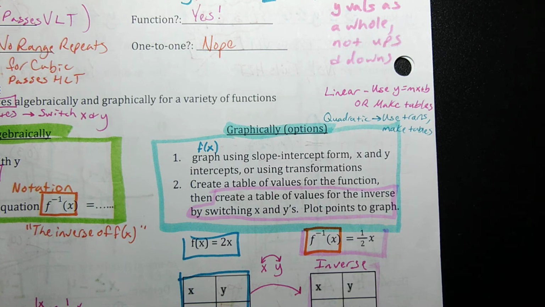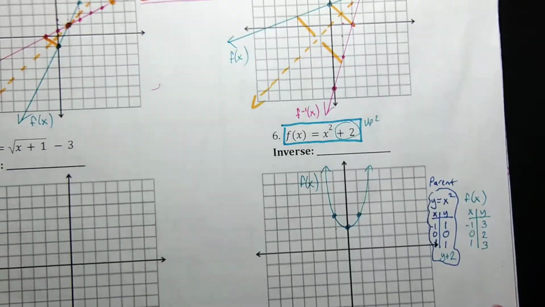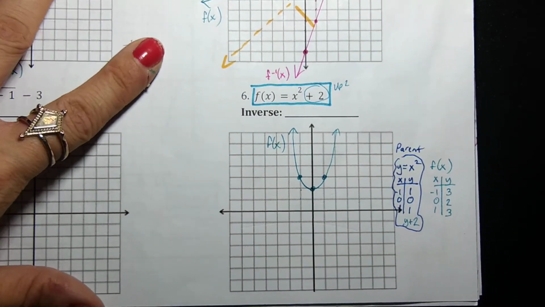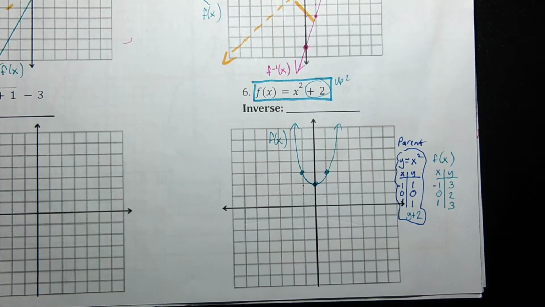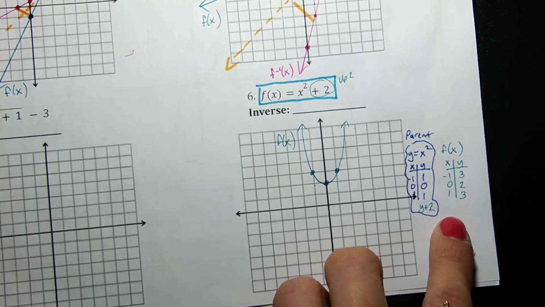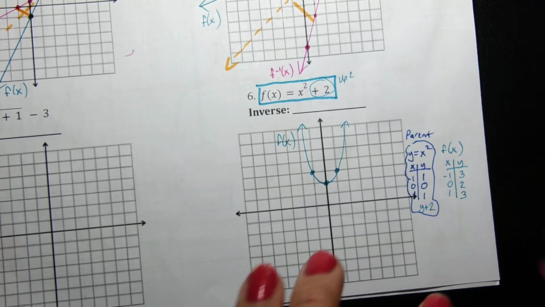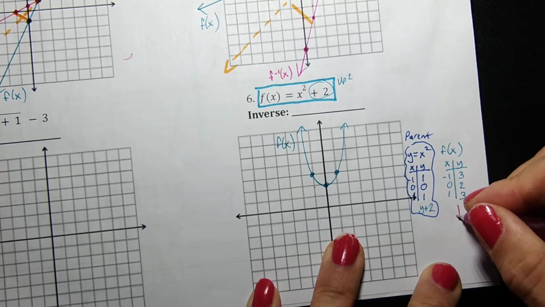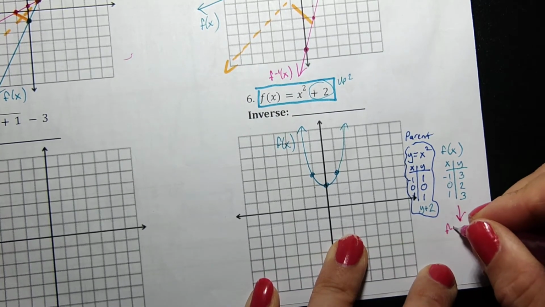All right, so flipping back, let's go ahead and find the inverse graph before we find the inverse equation. So because I had to already make a table that has nice easy points with it, we're going to go ahead and use this to get our inverse table.